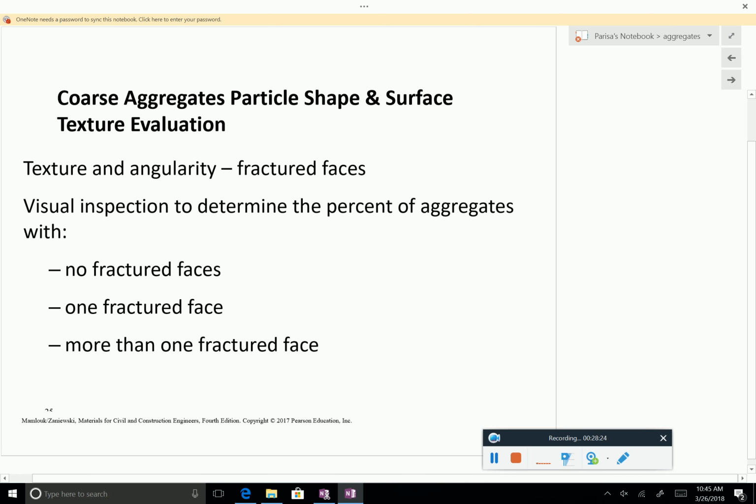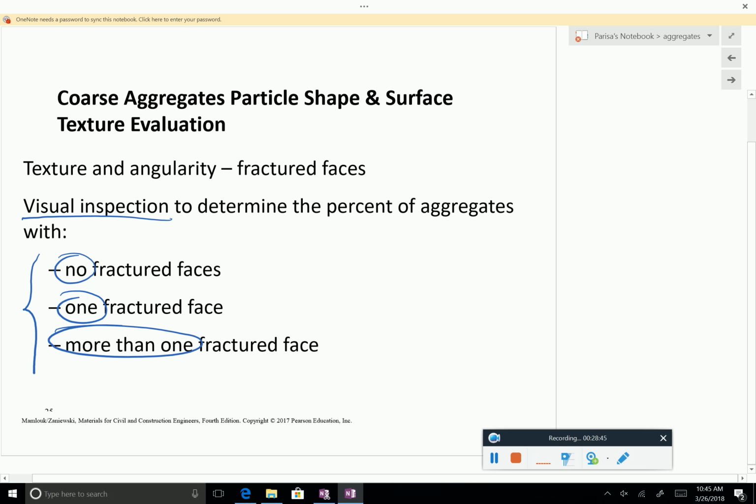So in terms of texture and angularity, a lot of times people use visual inspection and they count the number of fractured faces, depending on if you have none, one, or more than one.